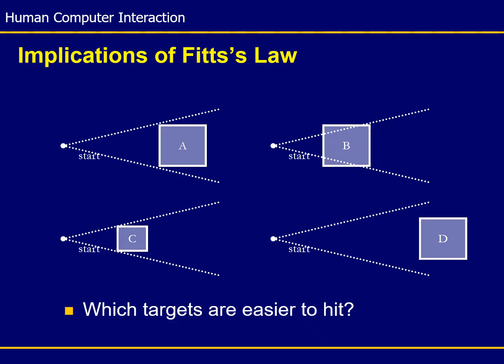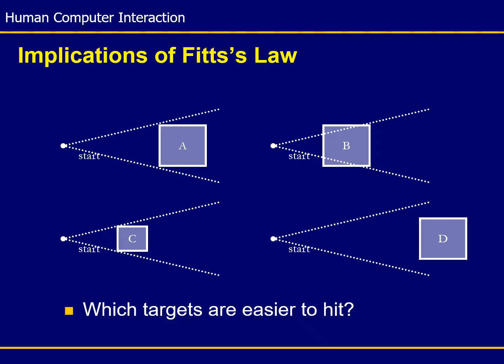Now, if I ask you which one is most likely the worst, you're going to tell me it's D, because D is far away from the target. But when it comes to A and C, C is closer to the starting point but it's small, while A is far away from the starting point but it's big.